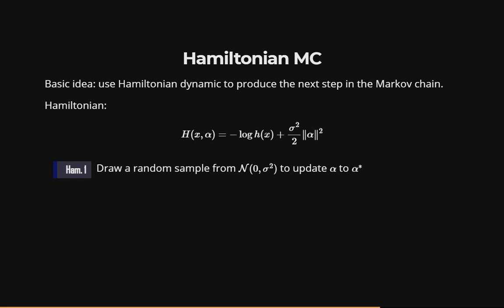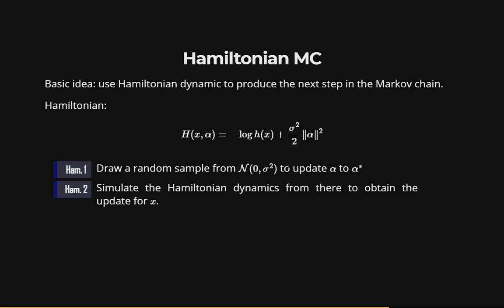So we will be getting samples of x. Alpha is an auxiliary variable. So we update alpha to alpha star, which is a new value of alpha, shifted by some random vector.